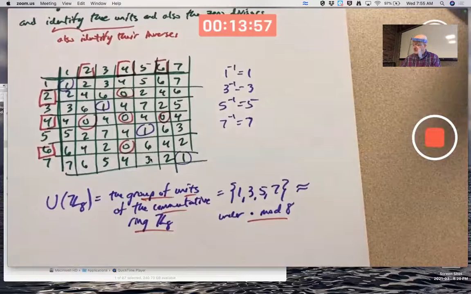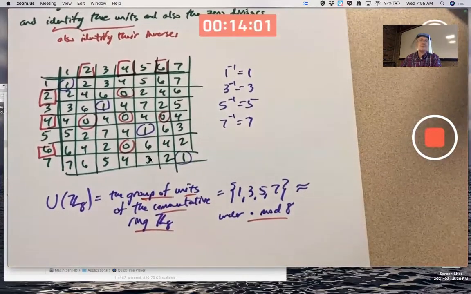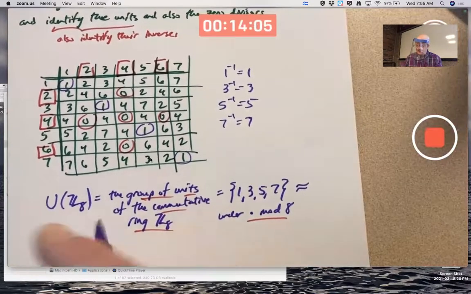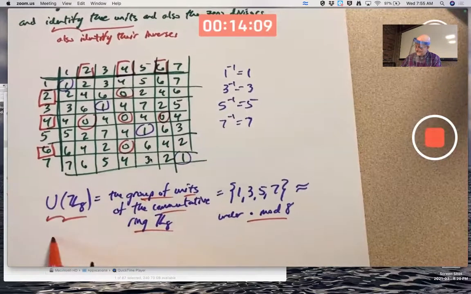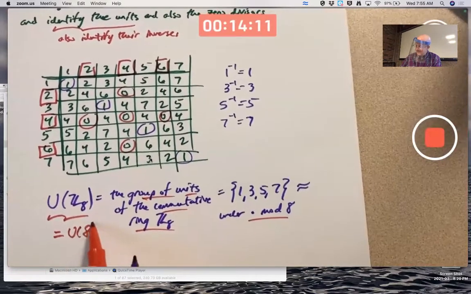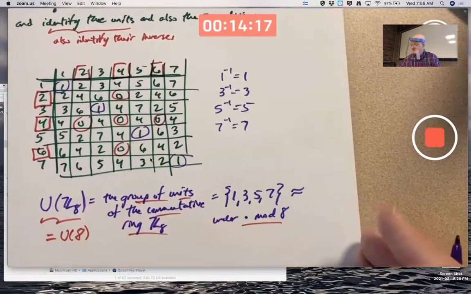It is isomorphic to U8. In fact, maybe you could even say it equals U8 because it's the same set and the same operation. This equals U8. But what's it isomorphic to in terms of cyclic groups?